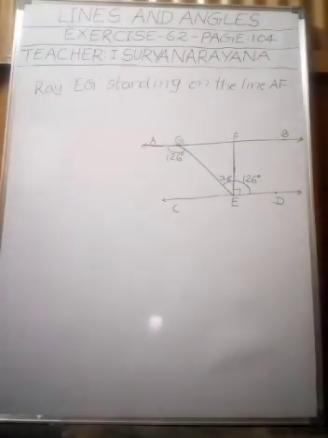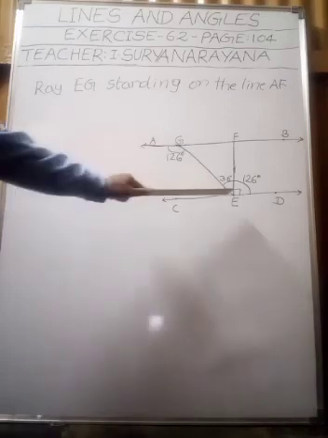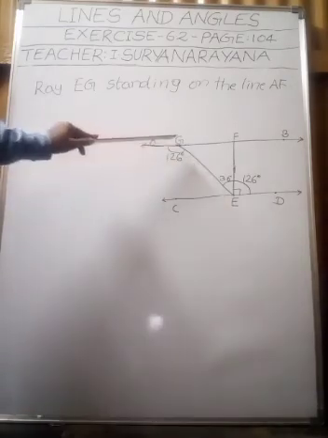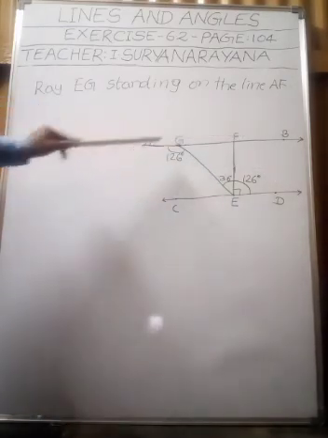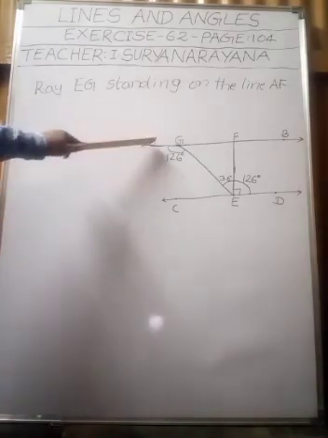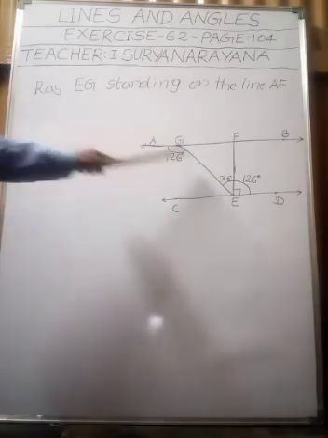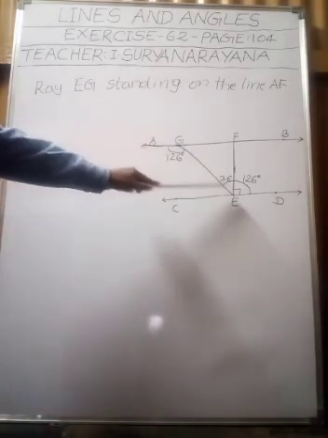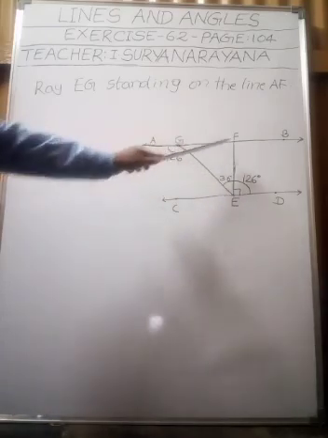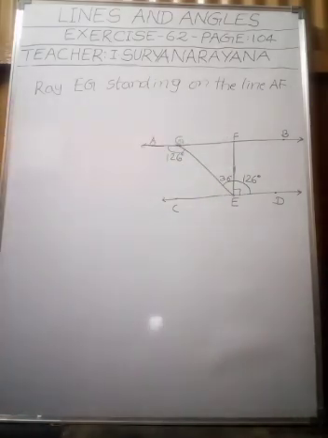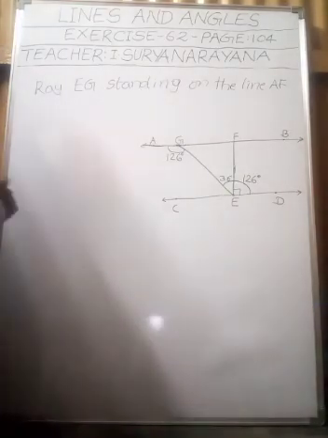Understood this point, my dear children? Then angle AGE and angle EGF or angle FGE form a linear pair. Isn't it or not, my dear children?